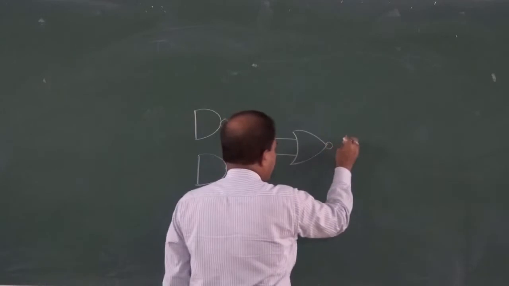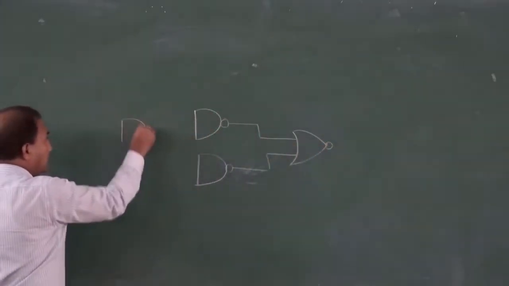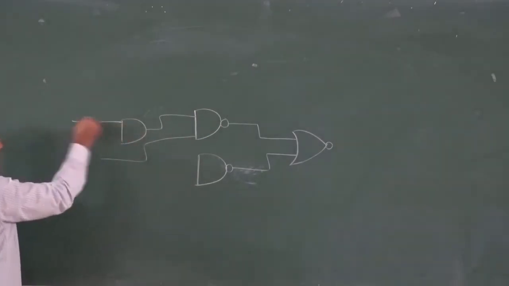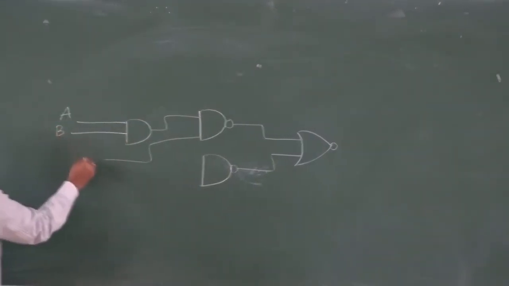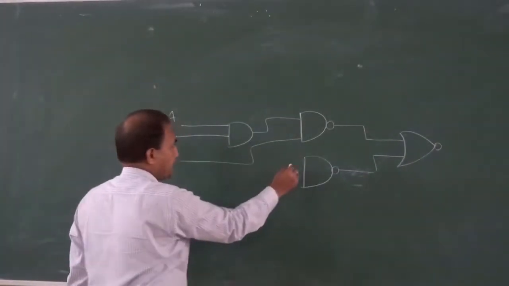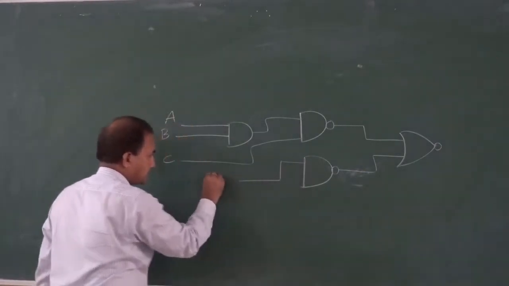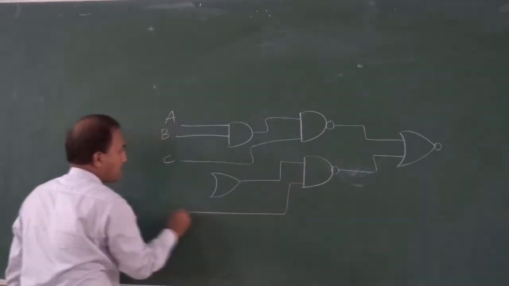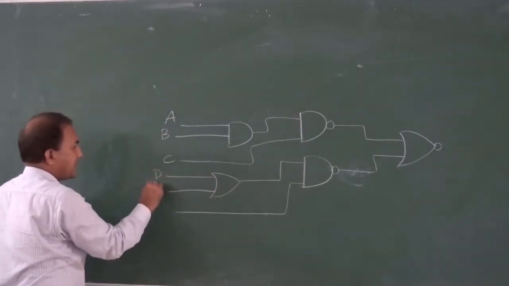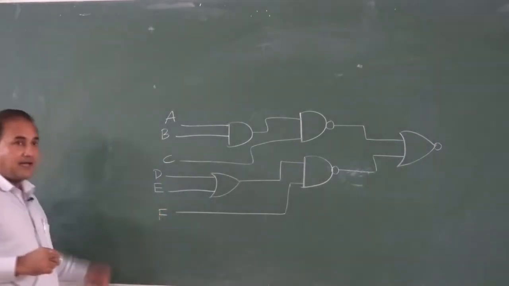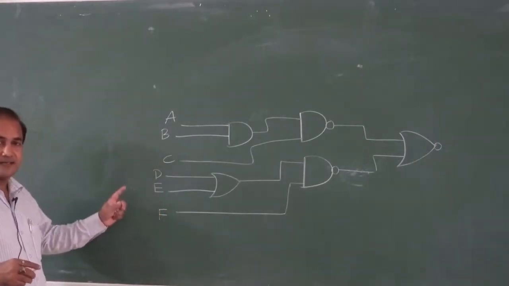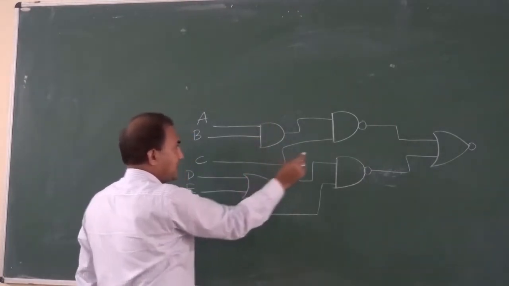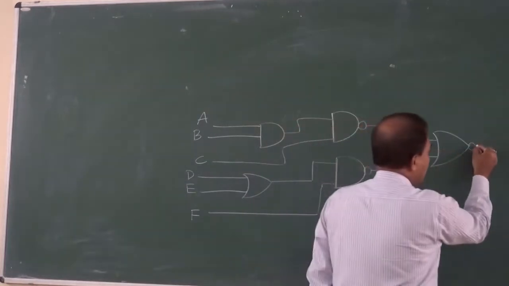You can see, suppose this is A, this is B, and this is C, and this is D, this is E, and this is F. A, B, C, D, E, F, say these are the input variables, and say this is an AND gate, this is a 2 input OR gate, these are NAND gates, and this is a NOR gate.